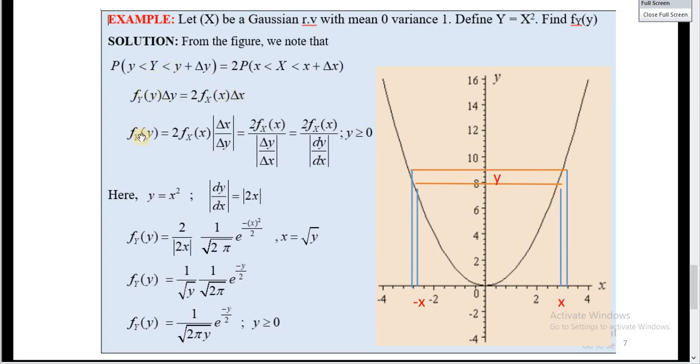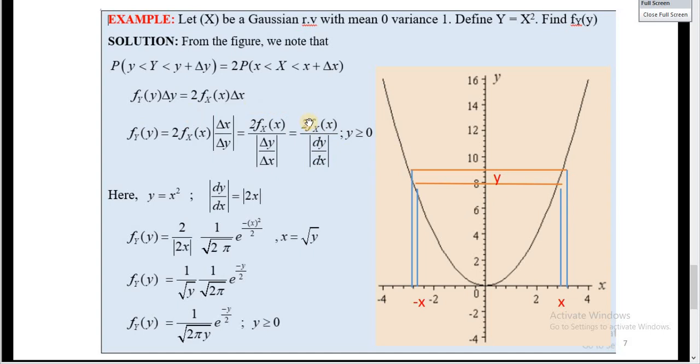So again, f_Y of y equals twice f_X of x delta x over delta y, or twice f_X of x divided by dy by dx, and in the limit when delta x goes to 0, we have dy by dx, which is the derivative of this curve, and we take the absolute value.